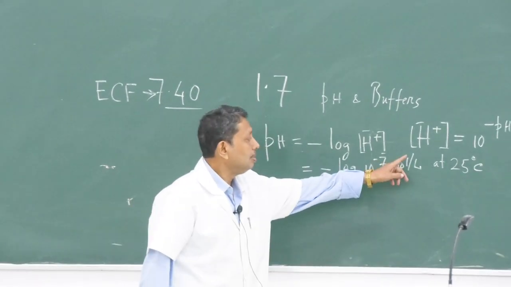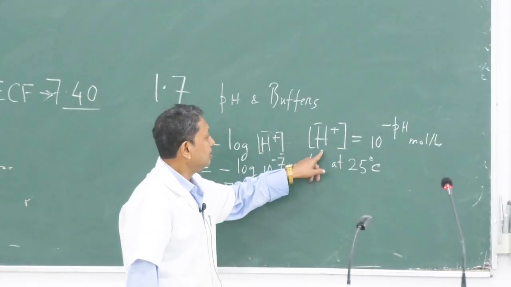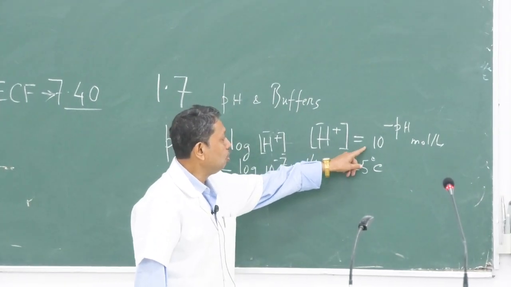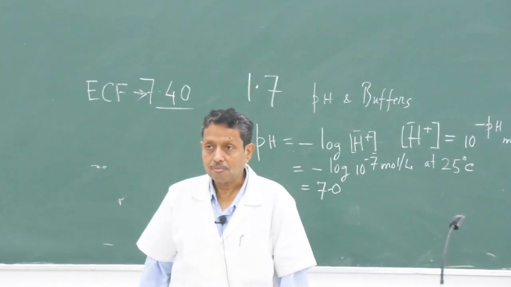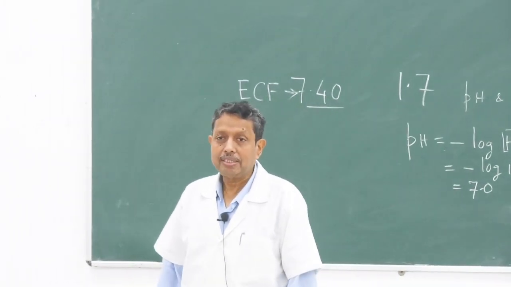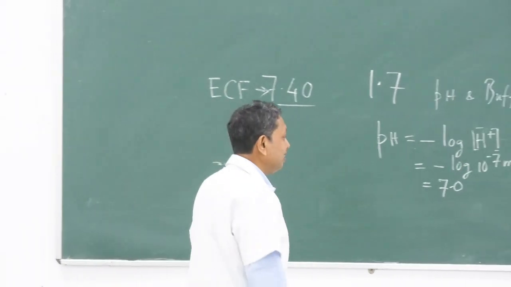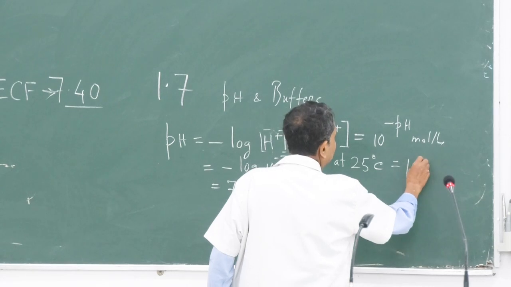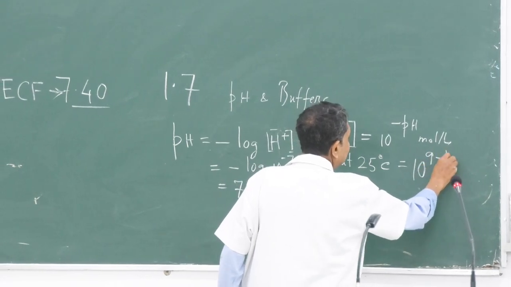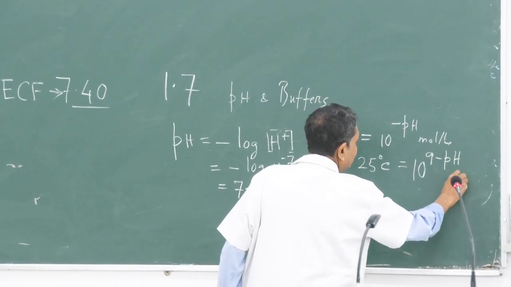So you can write hydrogen concentration as 10 to the power minus pH mole per liter, and in this way you can write it as 10 to the power 9 minus pH nanomole per liter.